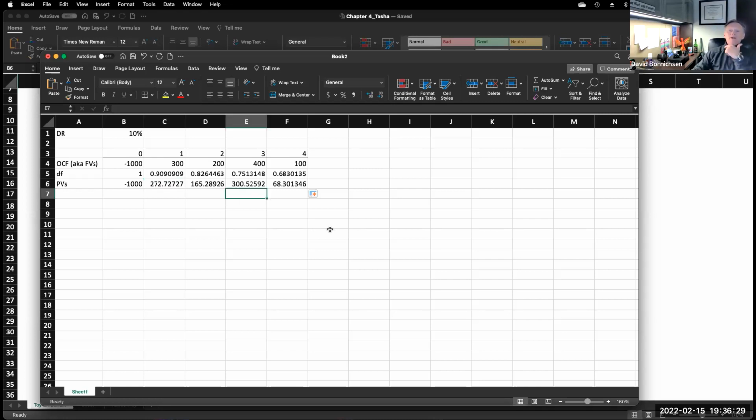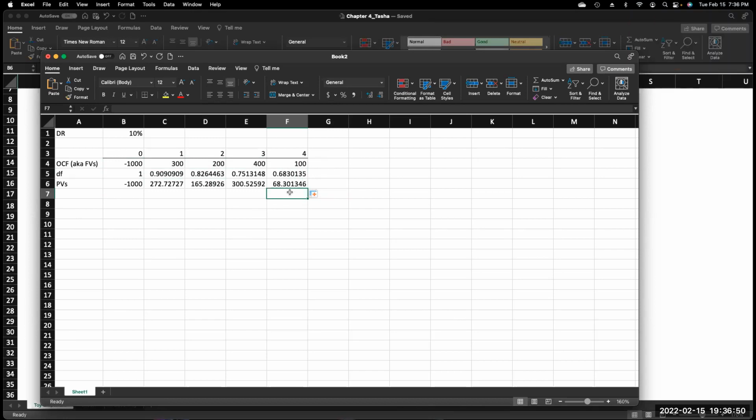So now that we have converted all of these future values into present values, we can answer the question: is this project worth doing?